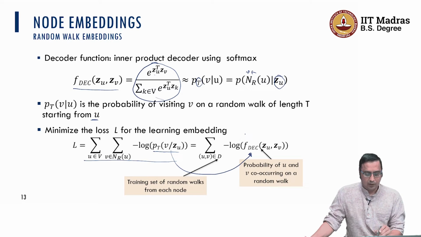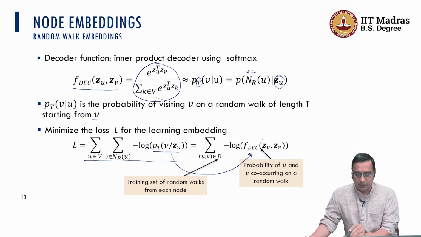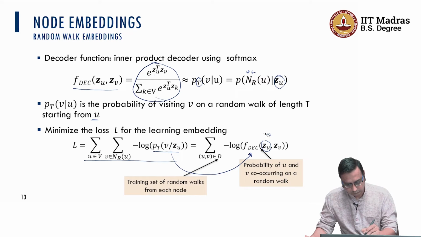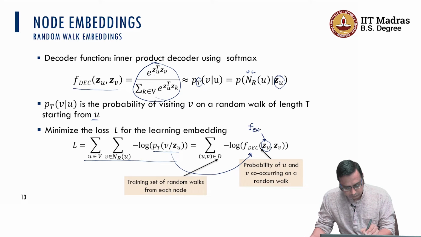So here we have moved from solving the problem of finding the probability of a random walk given u, or given u what is the probability of v being in the neighborhood, to our standard problem of encoder-decoder.